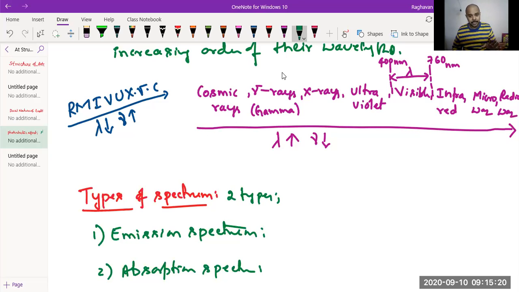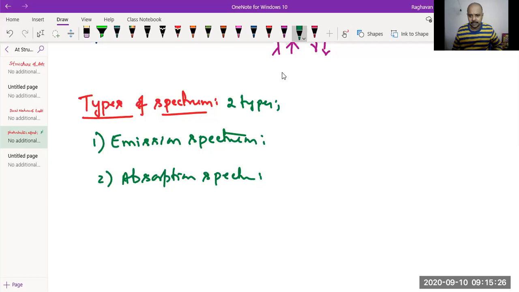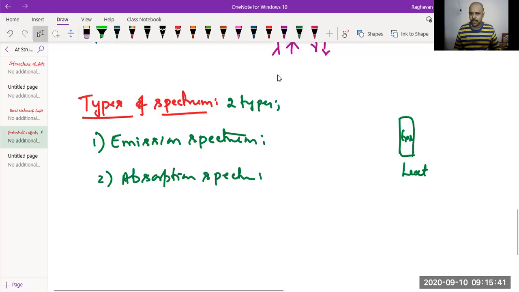Then absorption spectrum is different. What is absorption spectrum? Let's see. I have taken some gas here in a container. What I'm going to do is heat this. Heating is like supplying energy to the gas. Now the gas got heated up completely. It has absorbed enough energy.